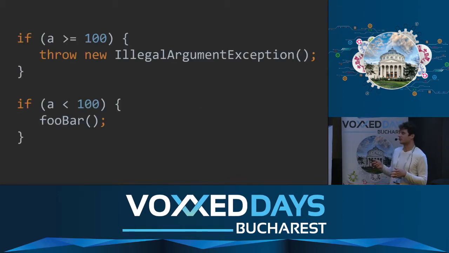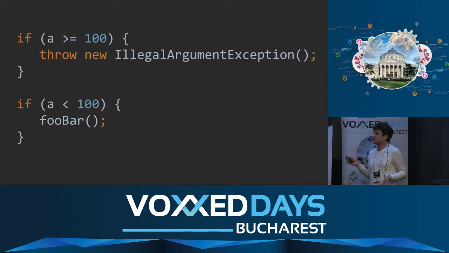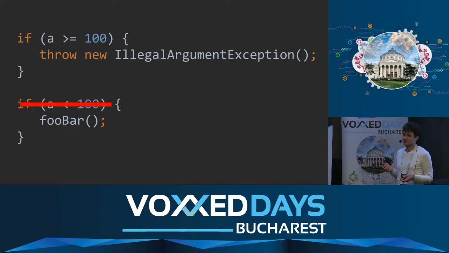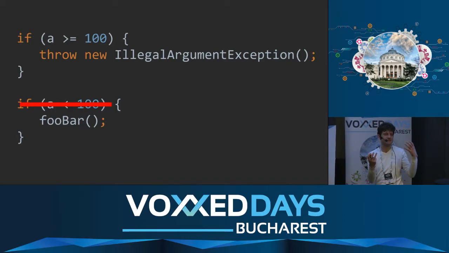Think about code like this. If A is greater or equal to 100, we throw an exception. If it's smaller, then we execute some function. If you create a mutant which just removes the if, the code is still the same. The semantics of this mutated code are exactly the same as the semantics of the production code.